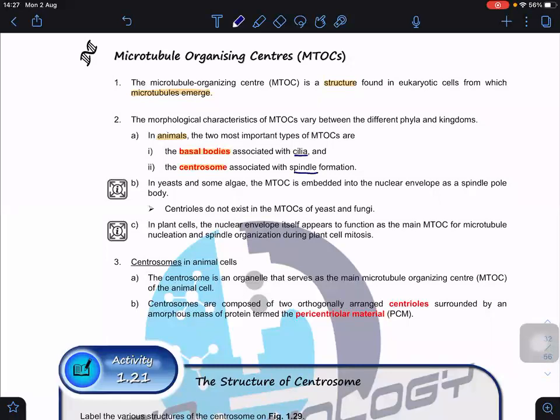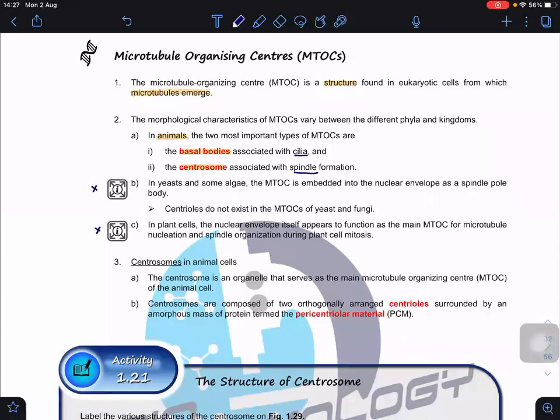But how about yeast cells? Yeast cells are slightly different. They don't have the centriole. Can you see that? They don't have the basal body. They have a different way to organize their spindle, so they use the nuclear envelope. In plants, they also use the nuclear envelope itself. These two are not in our syllabus, just for information only.